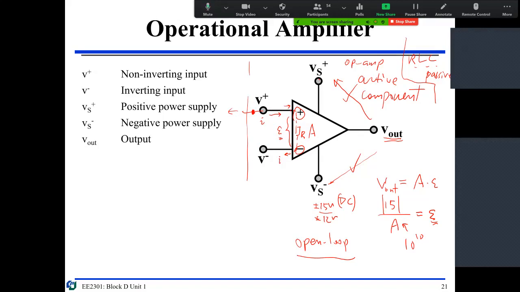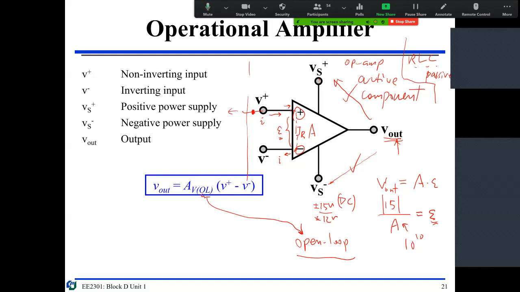So this open loop is very sensitive to noise. You touch it, you saturate it, okay? So this is A_VOL. OL means open loop, okay? This O stands for open loop. OL stands for open loop.